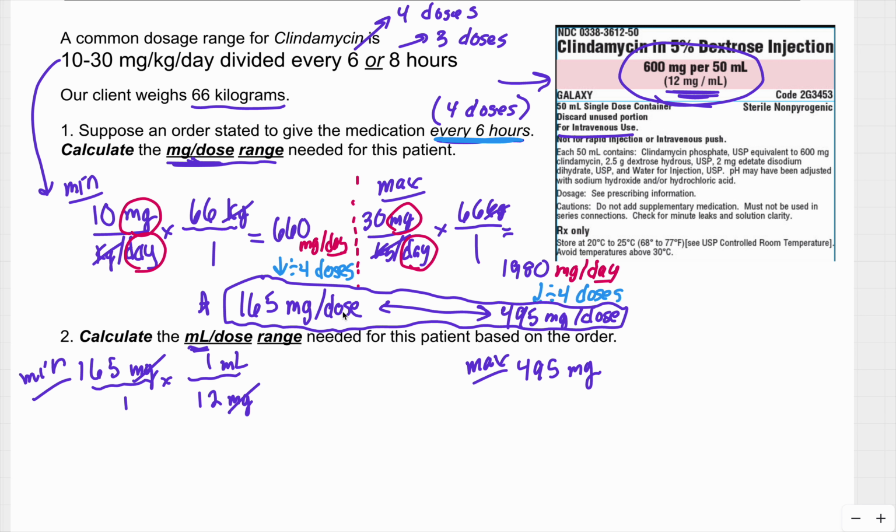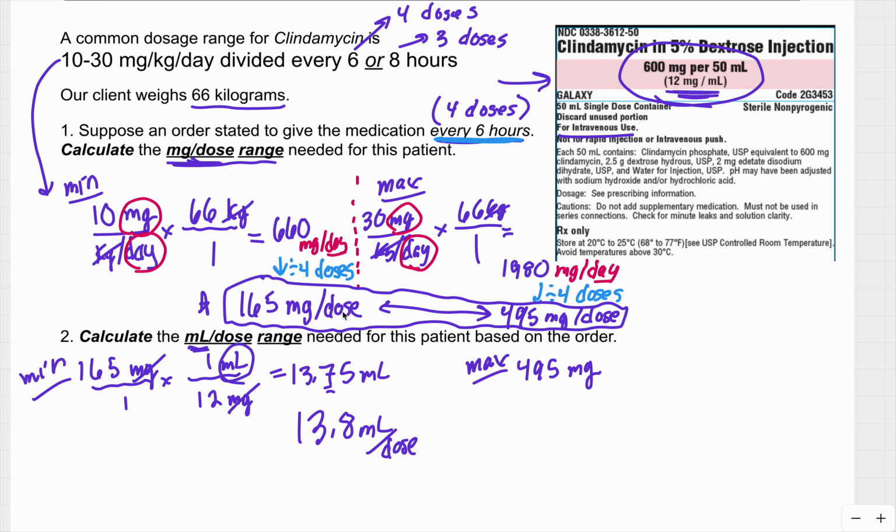And so I'm going to take my 165 milligrams and divide that by 12. And we get 13.75. And this is milliliters. We round milliliters greater than 1 to the tenth place. So this would be about 13.8 milliliters per dose.